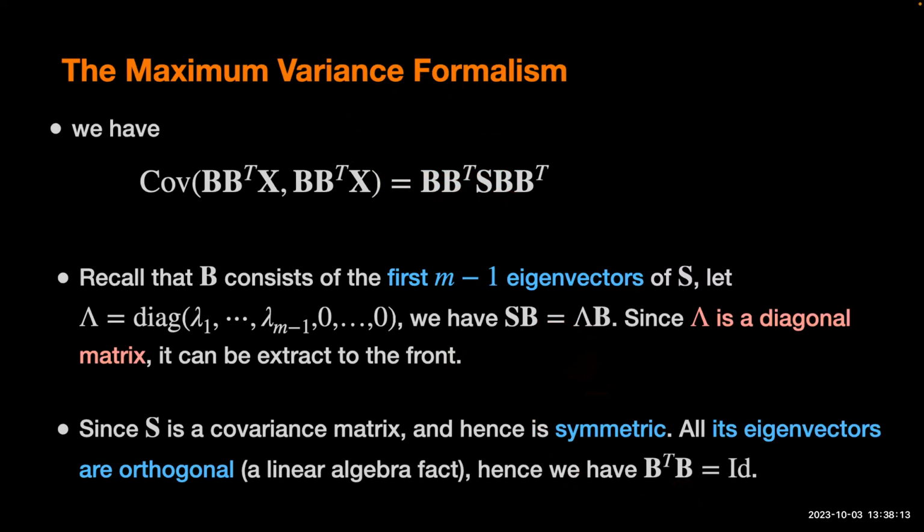Why? First, they are eigenvectors. B, they are the eigenvectors of a symmetric matrix, which is a covariance matrix. I think you also need positive definite, but S is definitely positive definite. For all the symmetric matrices, the eigenvectors are orthogonal.